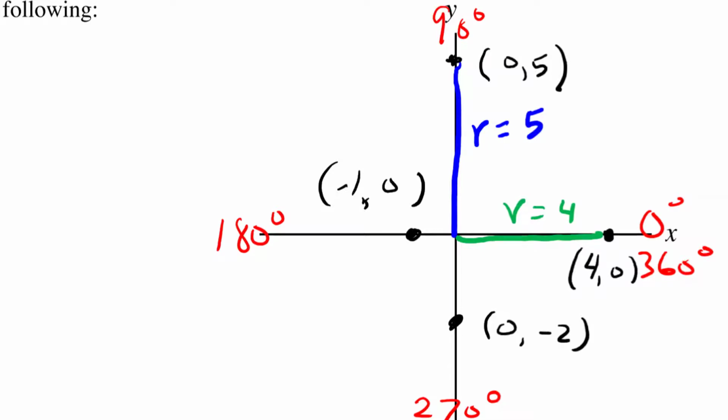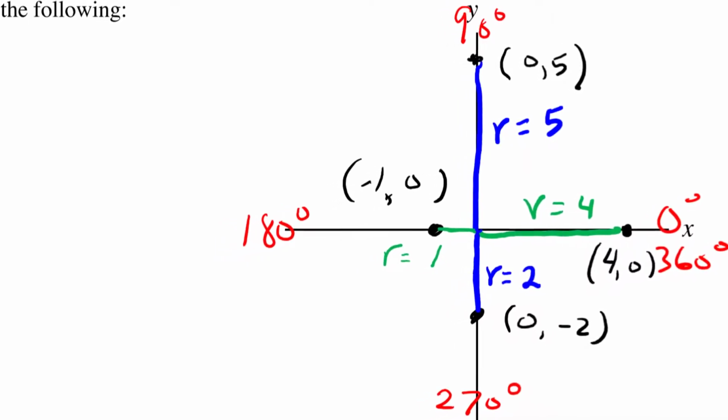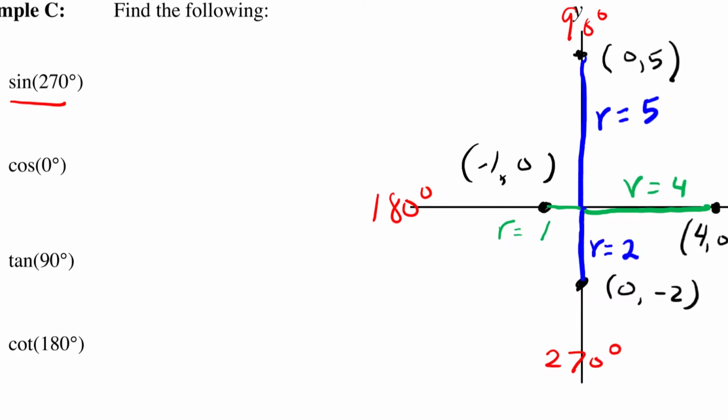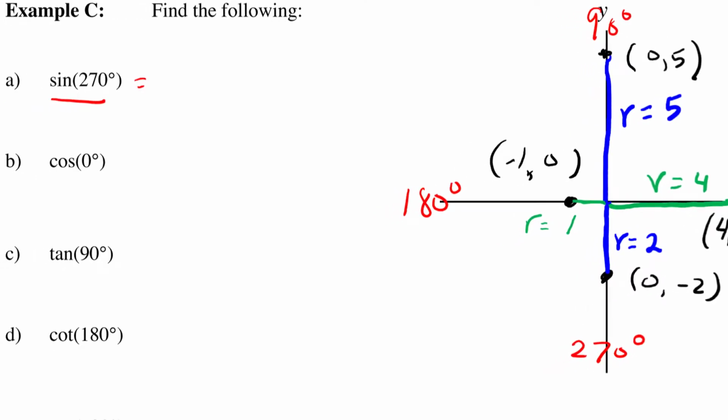And at 180 degrees, the radius for that point, the r value, is equal to 1 because it's a distance of 1 from the origin. The actual values are kind of nice that way. And at the 270 degree mark, the point 0, negative 2 is a distance of 2 away from the origin, so the radius is 2. We don't really have to use that formula x squared plus y squared equals r squared in this case.